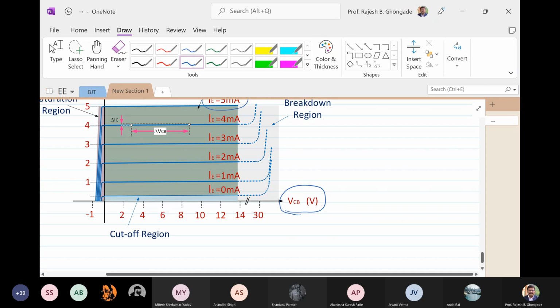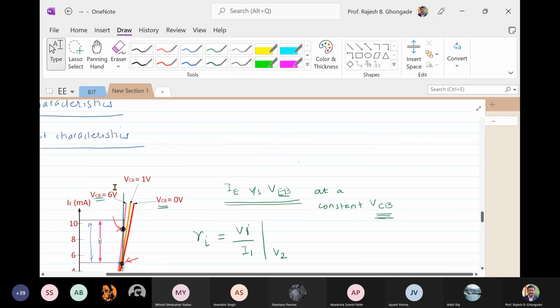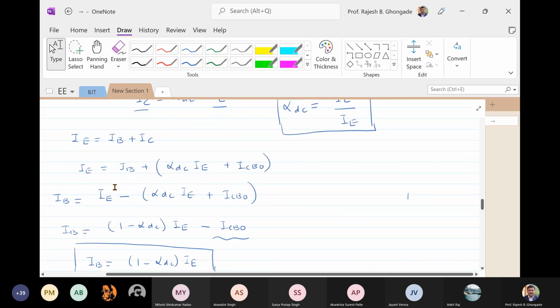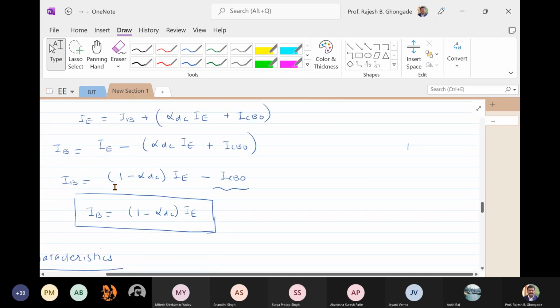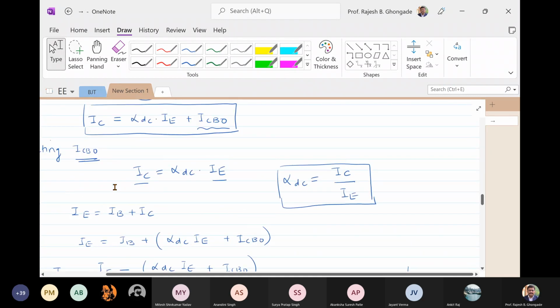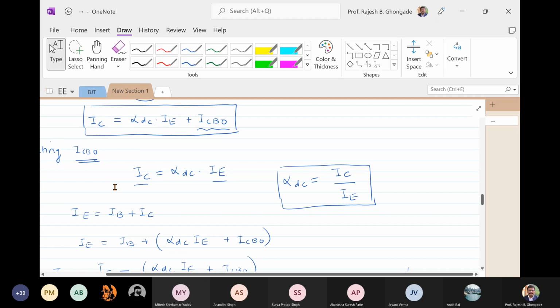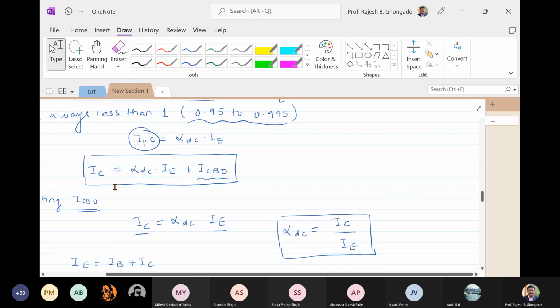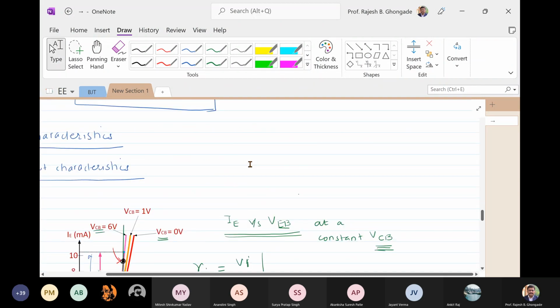If you look at this equation, if IE is 0, what is going to be the value of IC? So ICBO. ICBO is a very small value.